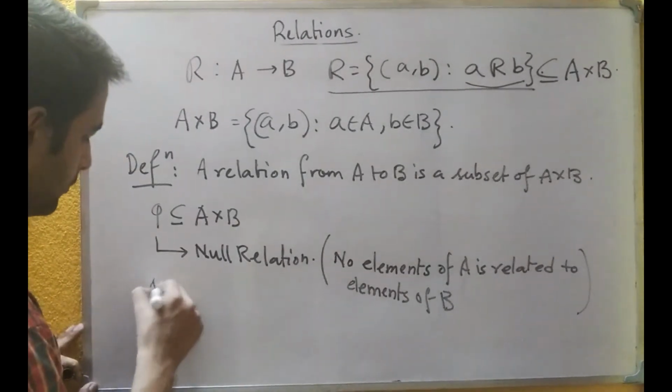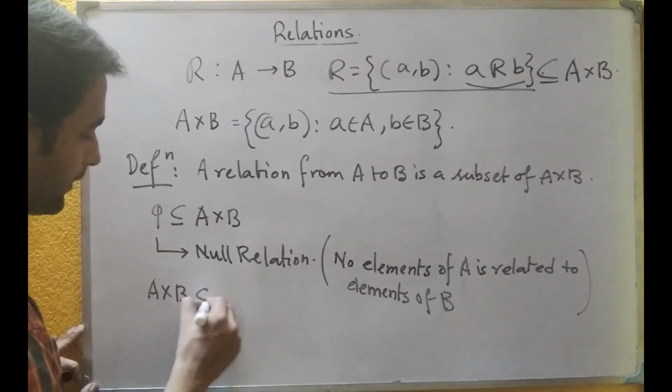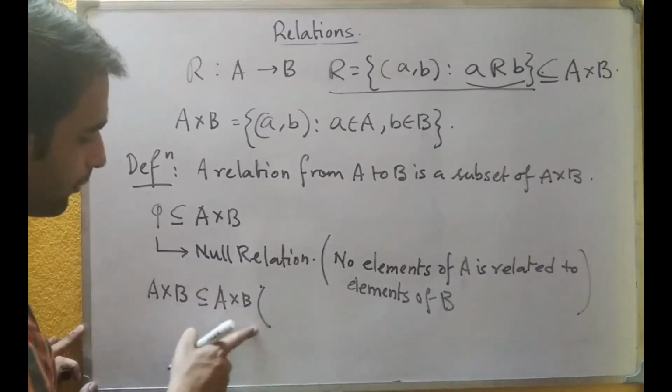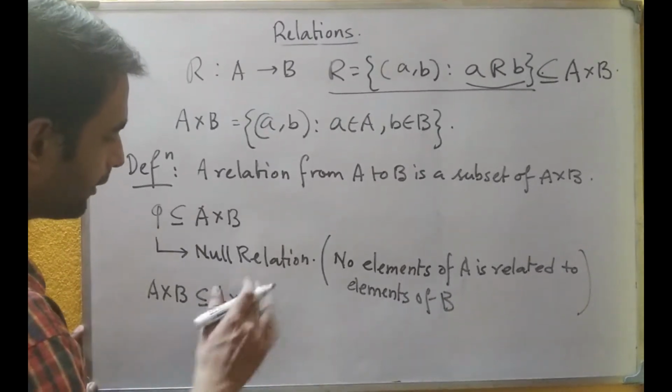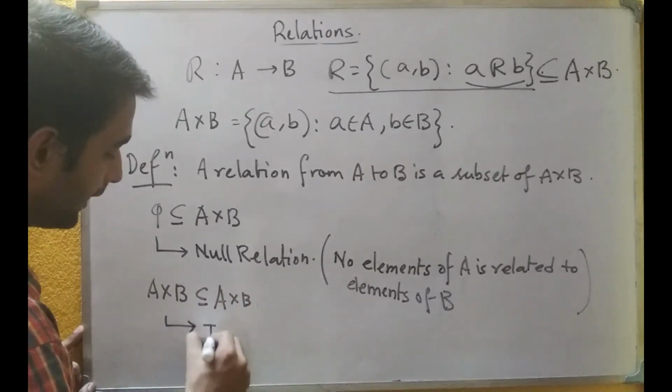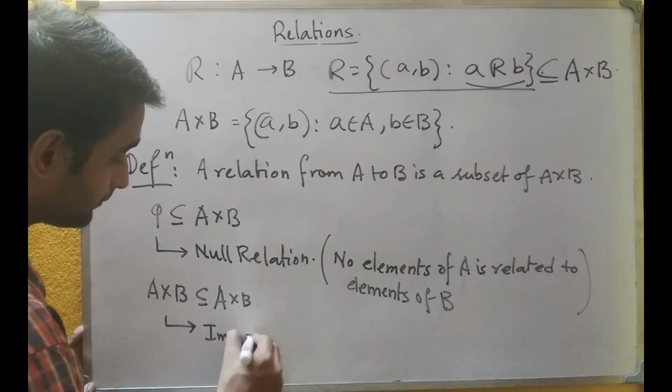Again, we know that A cross B itself is a subset of A cross B, that is called the improper subset, and depending on that we call this relation an improper relation.